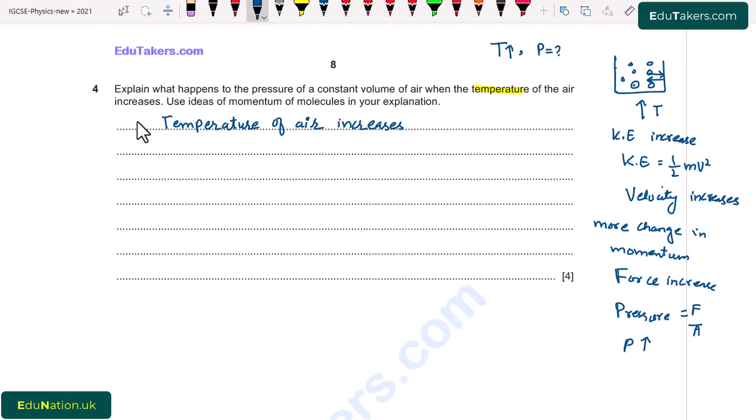So the kinetic energy of the molecules also increases.